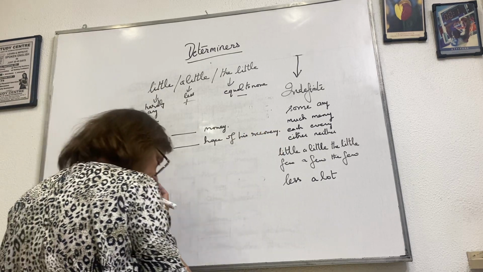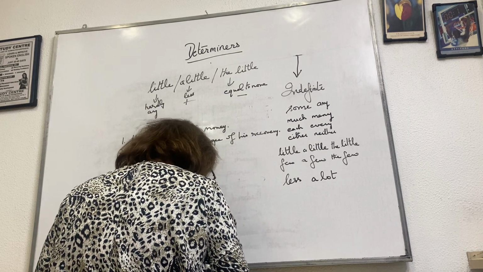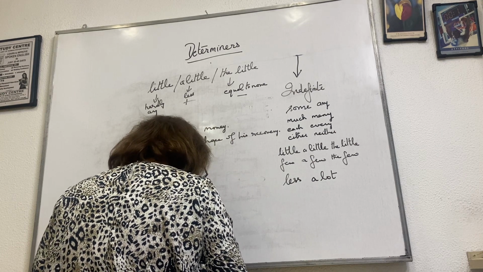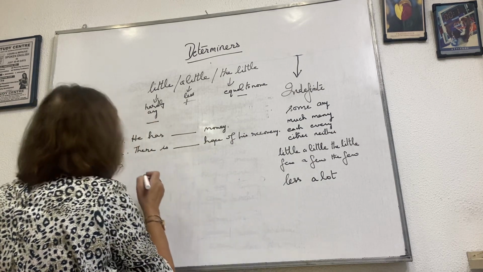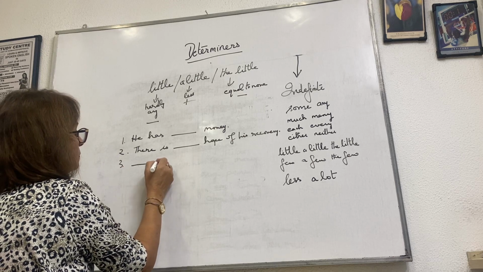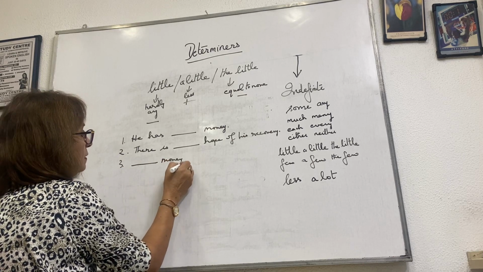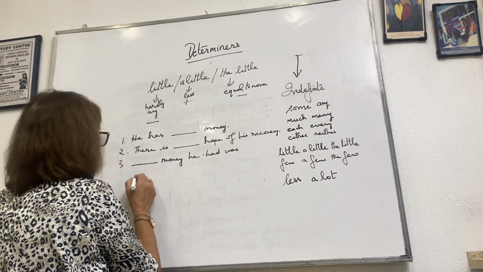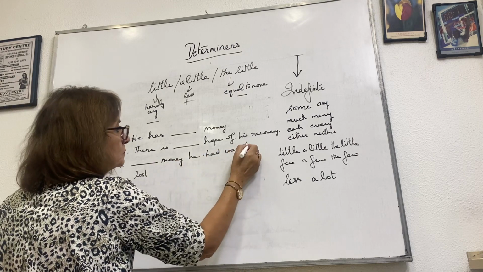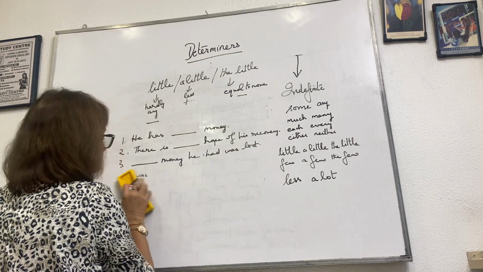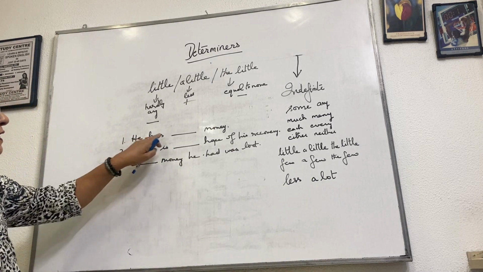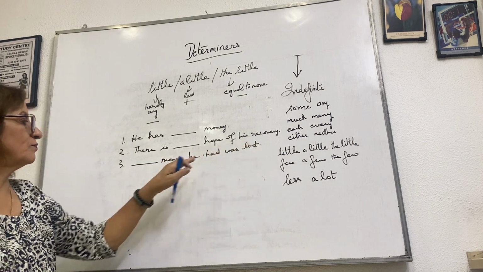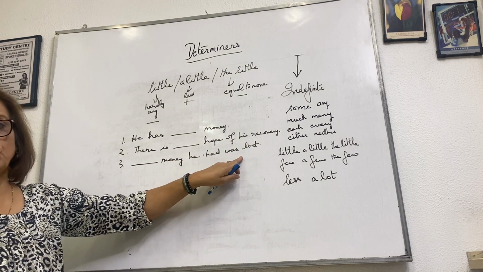Next sentence: dash money he had was lost. Okay, now try to fill in. He has dash money. There is dash hope of his recovery. Dash money he had was lost.